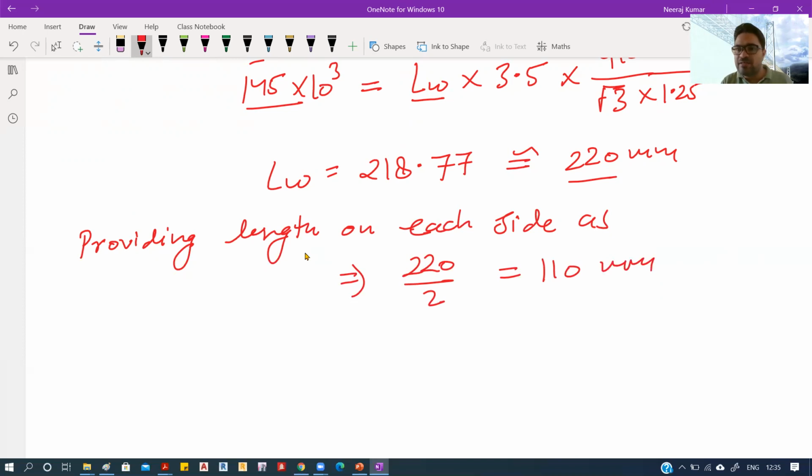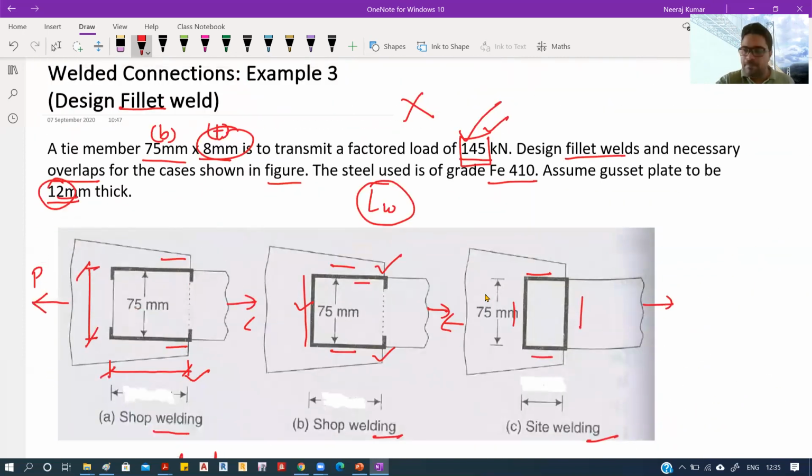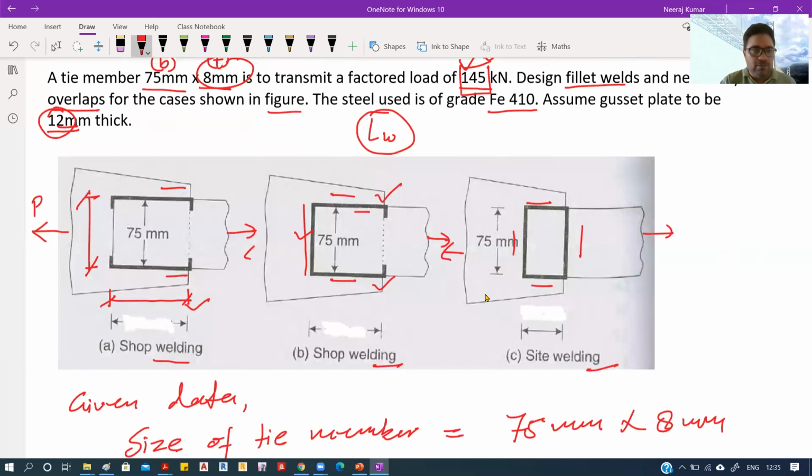So on both sides, we are providing length of weld as 110. So there we can see this length will be 110 mm. So now you can see the overlap of the tie member in the first case will be 110 mm.